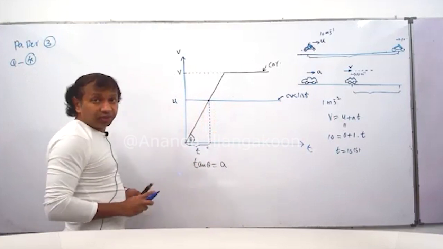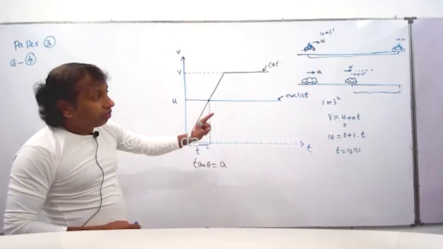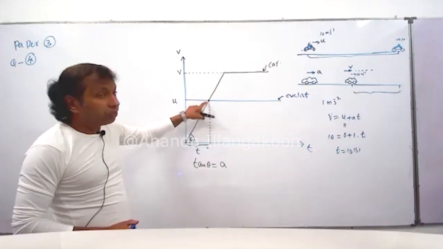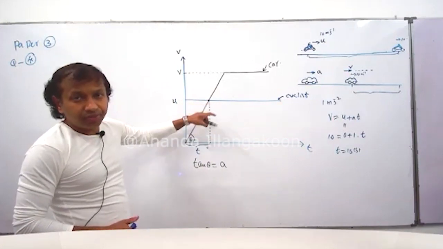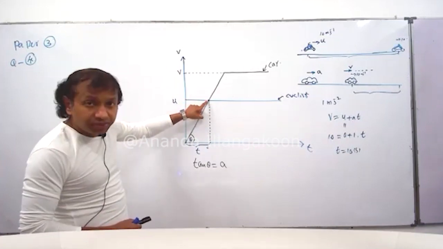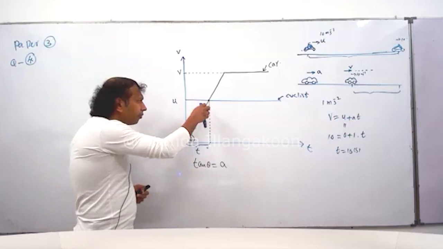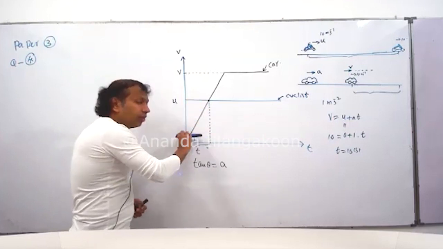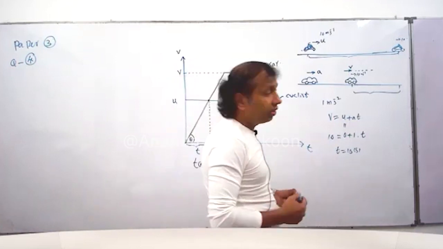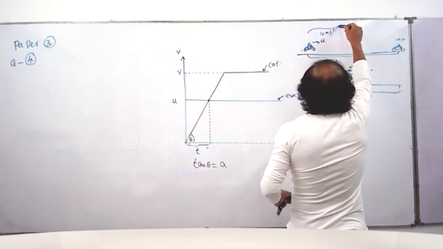During this time interval t, the motor car comes to the velocity u, that is equal to the velocity of the cyclist. Now, during the time interval t, below the VT graph of the cyclist, this whole area gives the displacement traveled by the cyclist during the time interval t.